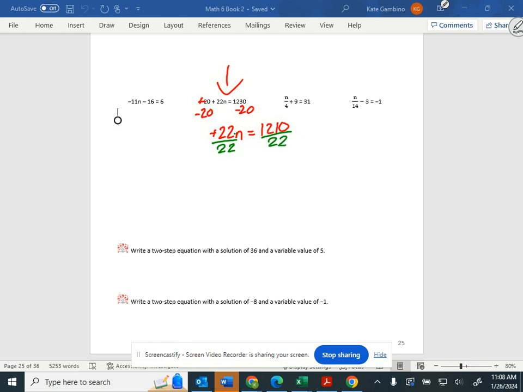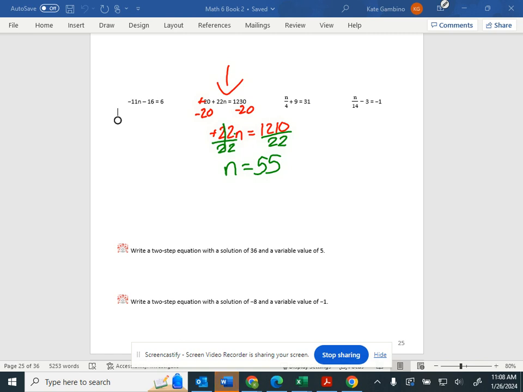So your first step, not the variable. Second step is the one that has the variable with it. So now we do 22 divided by 22, we're left with just n. 1,210 divided by 22 gets us 55.